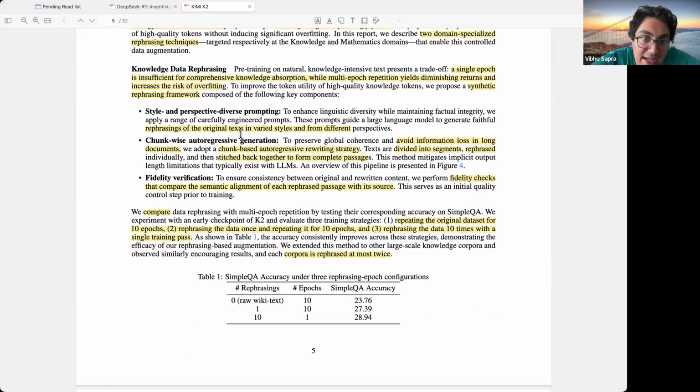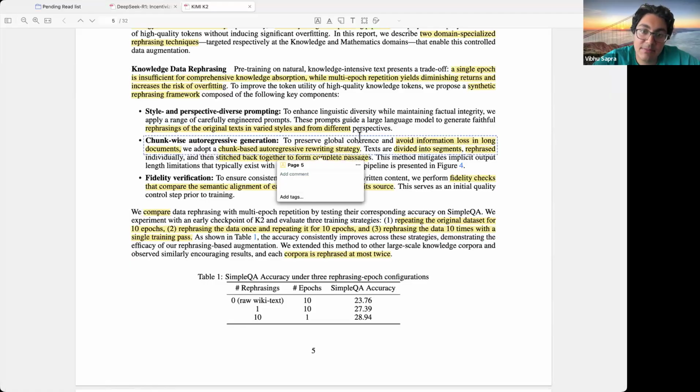First is style and perspective diverse reprompting. The prompting guide is you take an LLM to generate faithful rephrasings of the original text in various styles from different perspectives. Then there's chunk-wise autoregressive generation. Basically, if stuff is very long, just do it in chunks.